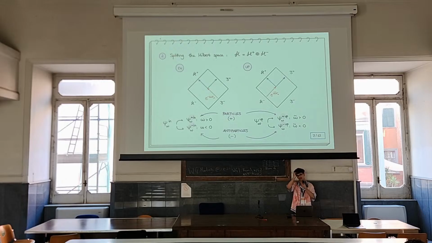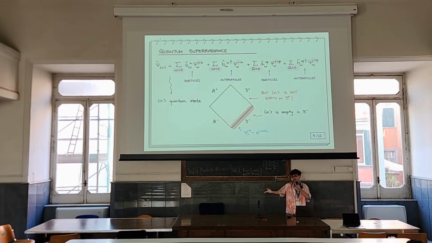Let's do now, as in H minus, what we have, the relevant wave number is omega tilde and not omega. Let's say that particles will be omega tilde positive and antiparticles omega tilde negative. But this is a choice, remember. And then later, let's talk just a bit of a different choice.